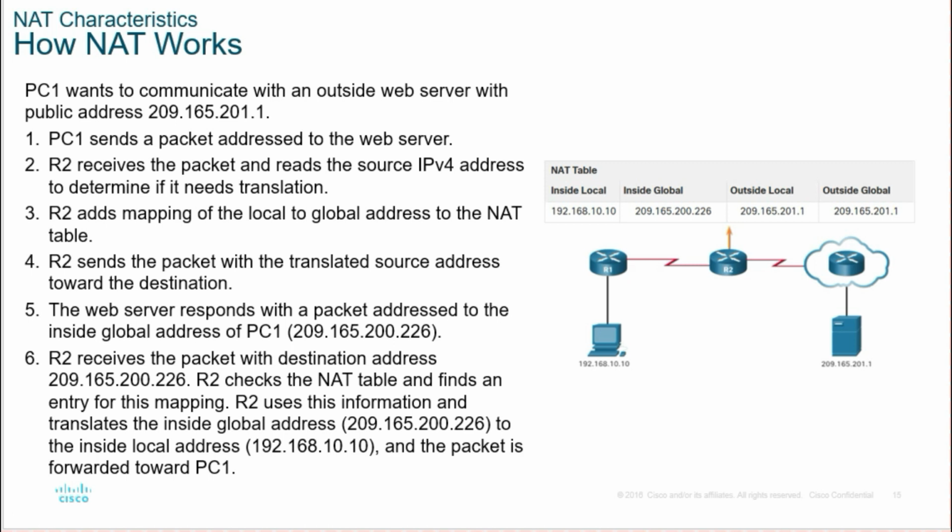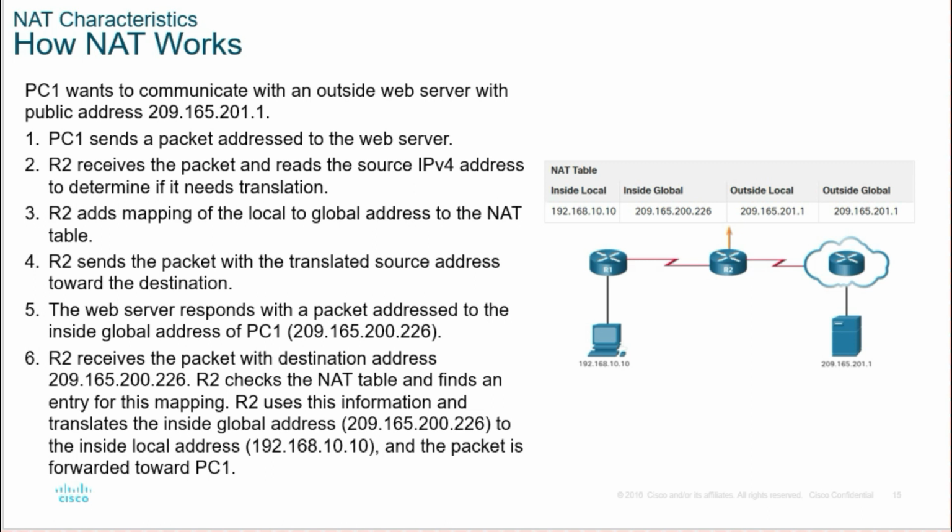So this translation adalah bergantung kepada jenis translation yang telah dikonfigure untuk router inilah. Okay, but let's say we have one available public IP address 200.226. Jadi dia akan tukarkan the source IP address dalam the IP packet menjadi this public IP. Dan dia akan rekodkan lah.